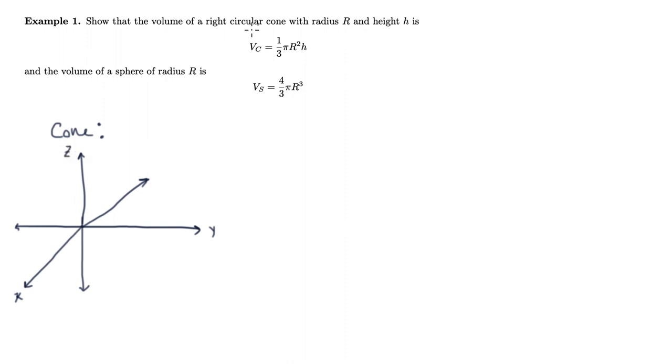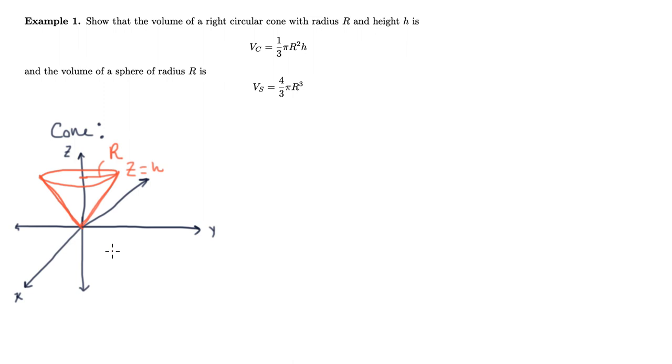And so I can think about this right circular cone region as being bounded between a cone with a vertex at the origin, like we've seen before, being cut by a plane given by z equals h. Okay, so I said z equals h, that's going to be the height of the cone from the xy plane. And then the radius will be capital R.